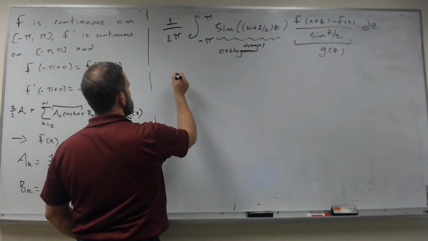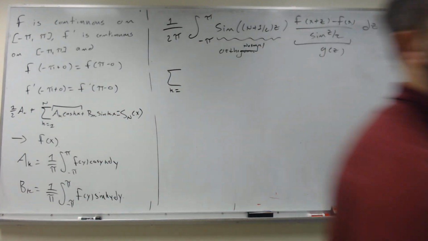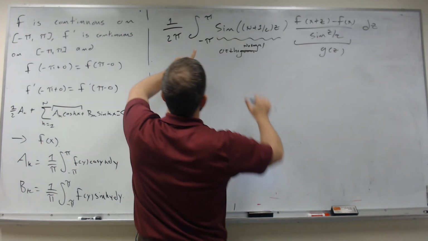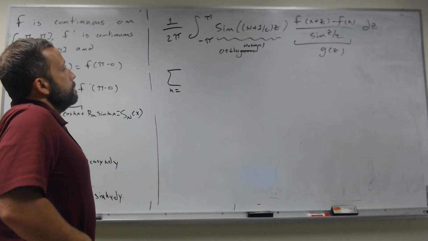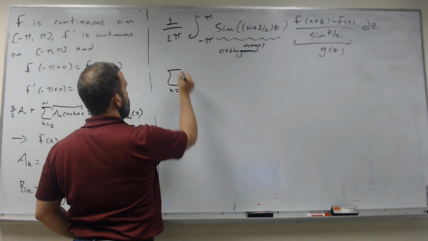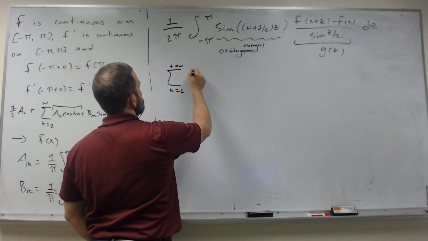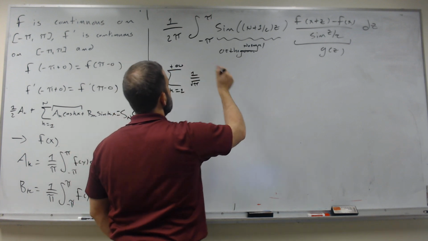And so what it shows us then is, by Bessel's inequality, if I look at the sum, so this integral squared from minus pi to pi is equal to pi.